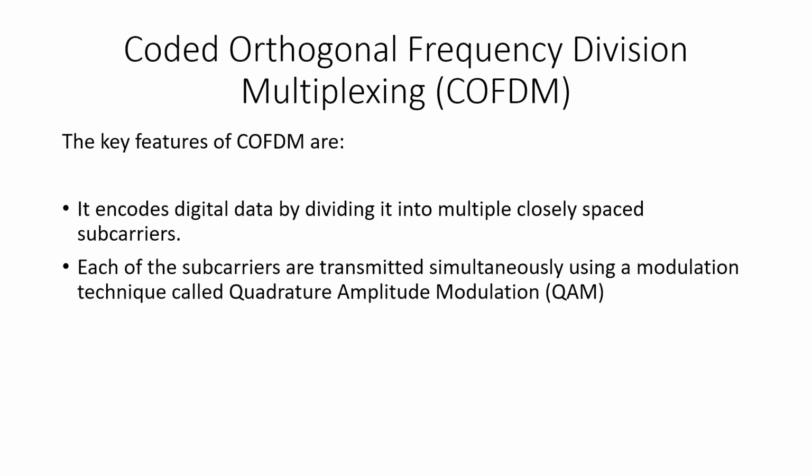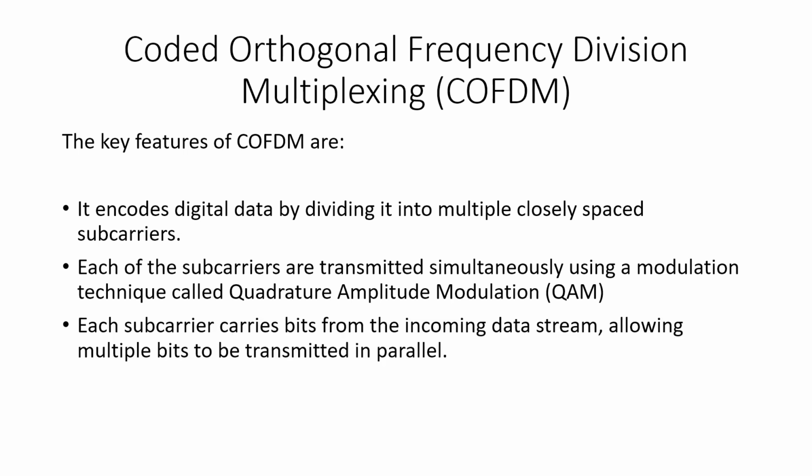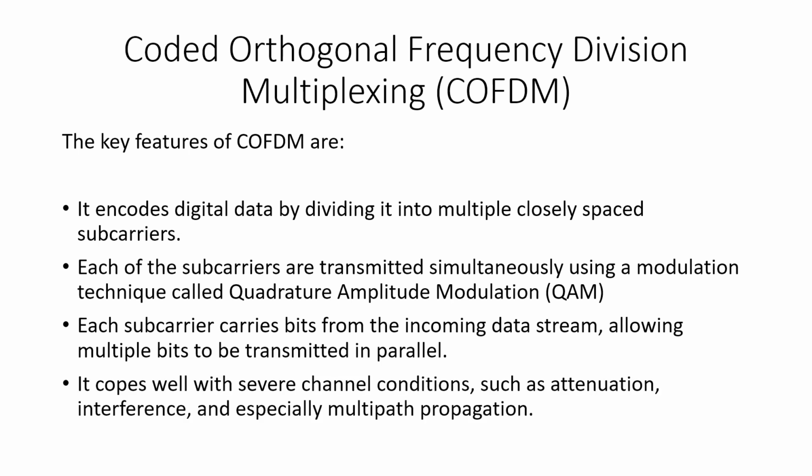Each of the subcarriers are transmitted simultaneously using a modulation technique called quadrature amplitude modulation, or QAM. Each subcarrier carries bits from the incoming data stream, allowing multiple bits to be transmitted in parallel. It copes well with severe channel conditions such as attenuation, interference, and especially multipath propagation.